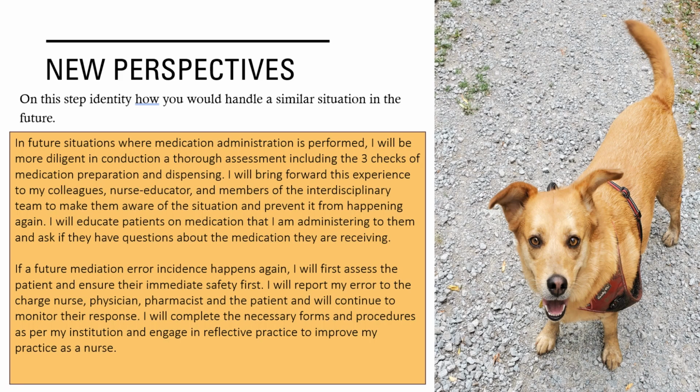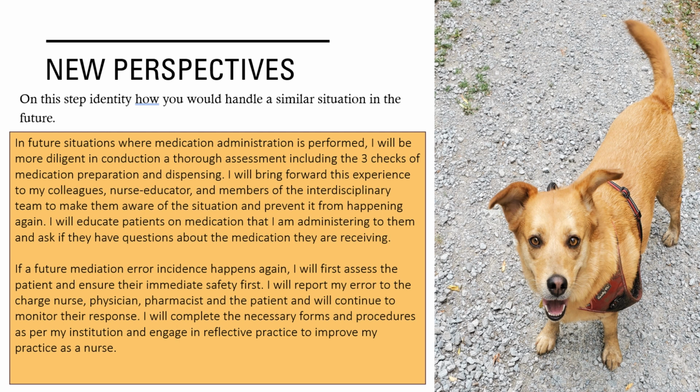Okay. And new perspectives. On this step, you have to identify how you will handle similar situations in the future. So in future situations, if I did make another medication error, I will be more diligent in conducting a thorough assessment, including my 3 checks when preparing and dispensing the medication. I will bring forward my experiences to my colleagues, nurse educator, and members of the interprofessional team.